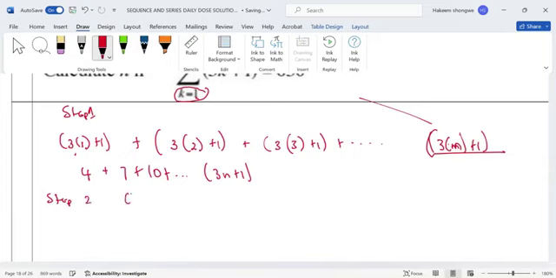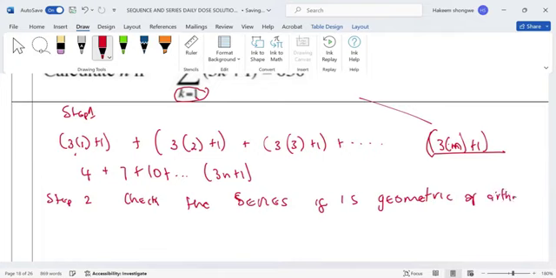Step 2: check the kind of sequence or series it is. Check if it is geometric or arithmetic.